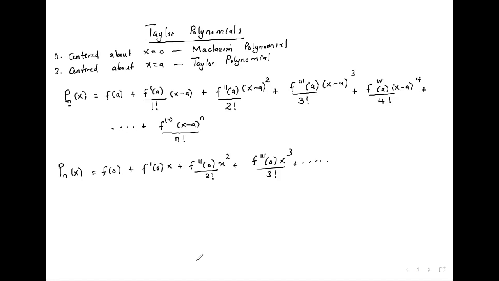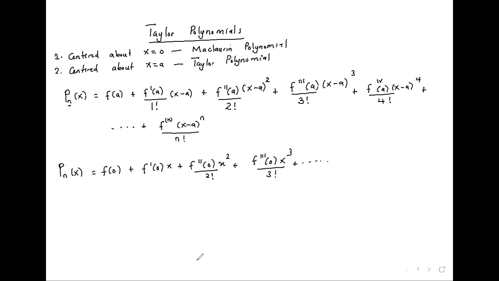No, the only difference between the two is that they're almost the same thing, except that Taylor is a general one. The same thing that you're calling the Maclaurin polynomial is a Taylor polynomial, except it's a Taylor when a is equal to 0.